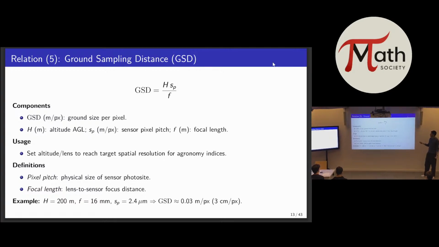We'll define GSD as the ground size per pixel, H as the altitude, SP as the sensor pixel pitch, and F as the focal length. After computation, it gives us 0.03 meters per pixel, which is 3 centimeters per pixel. So this is the maximum efficiency of the drone at the given altitude.